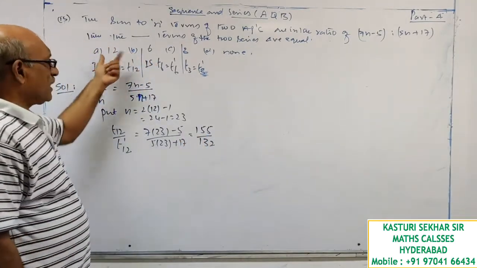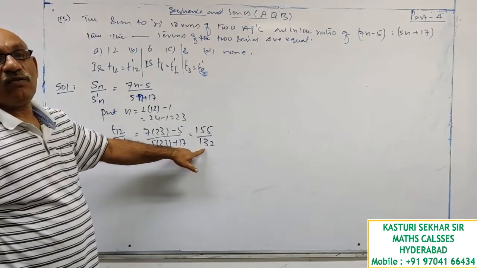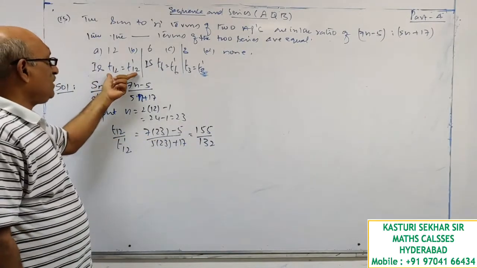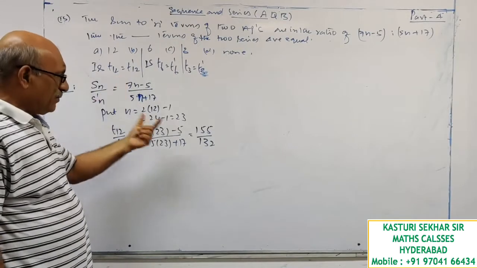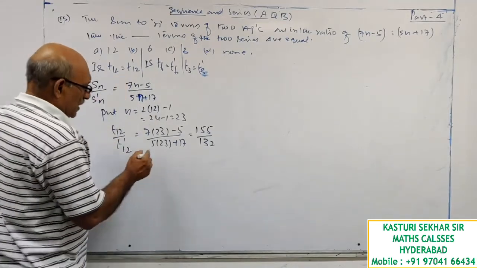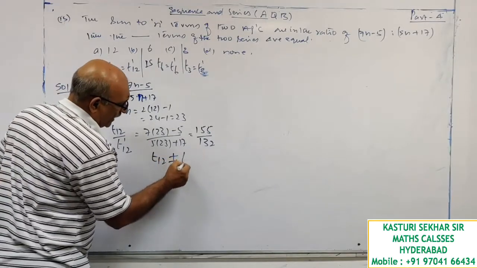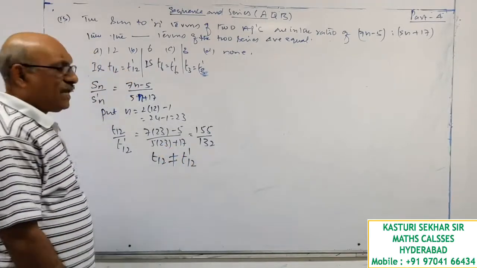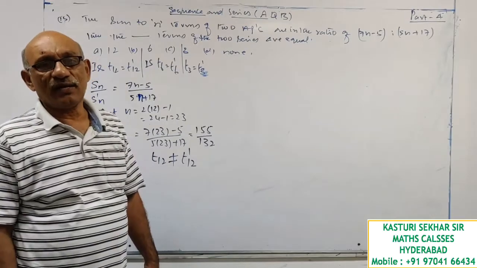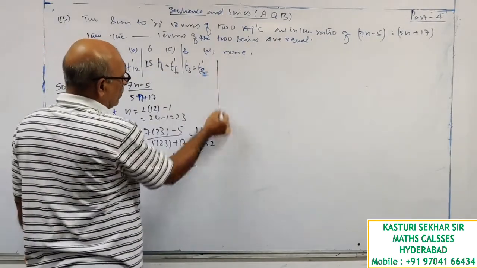To say these two terms are equal, this ratio should be equal to 1. T12 is not equal to T dash 12. Here 12th terms of the two series are not equal. So let's go with option B.